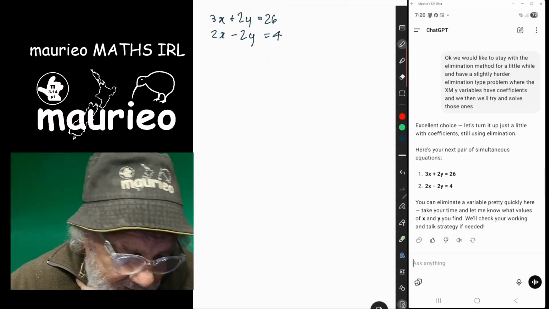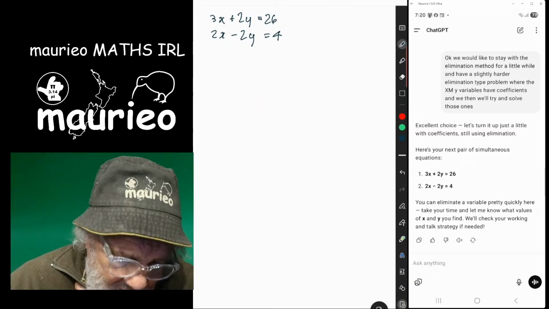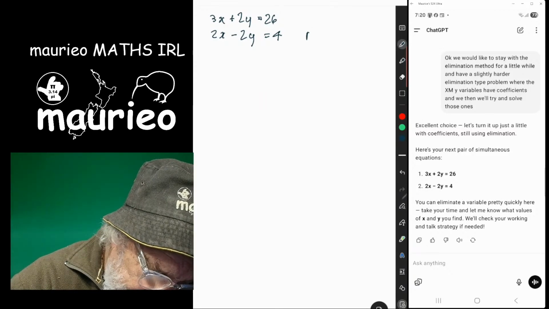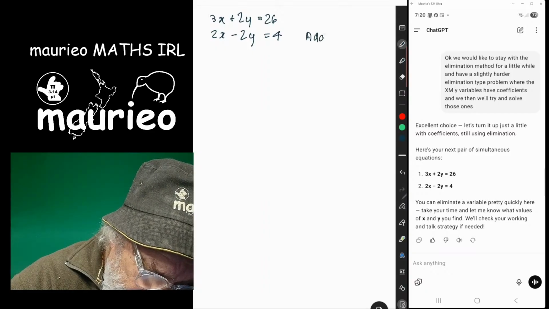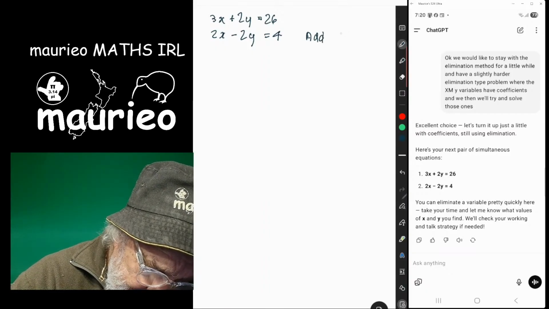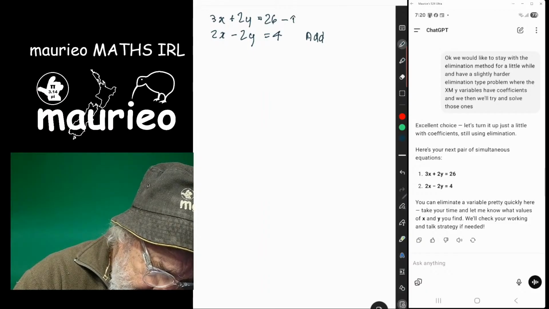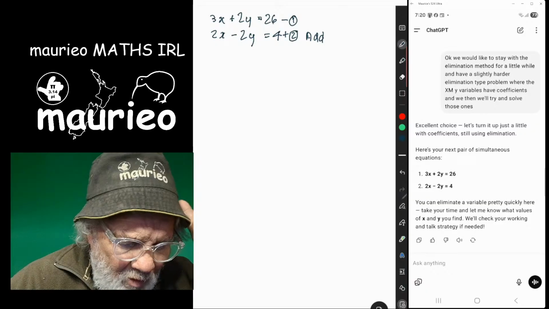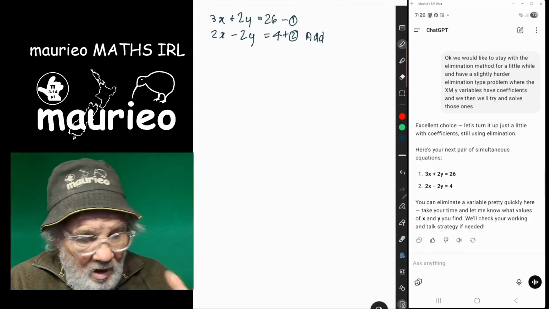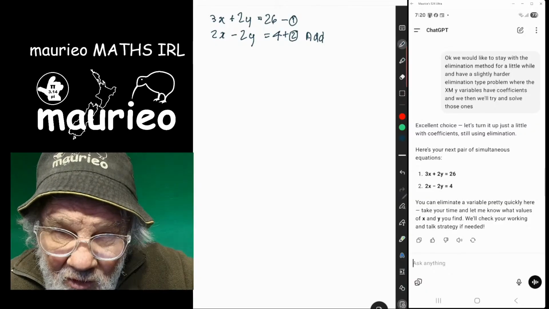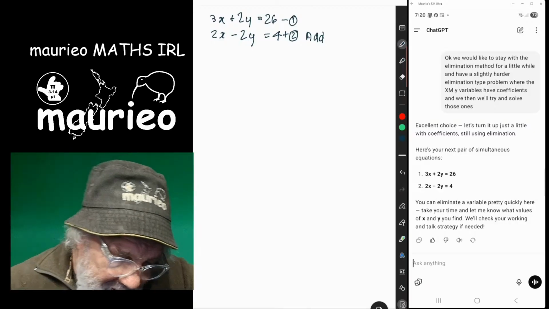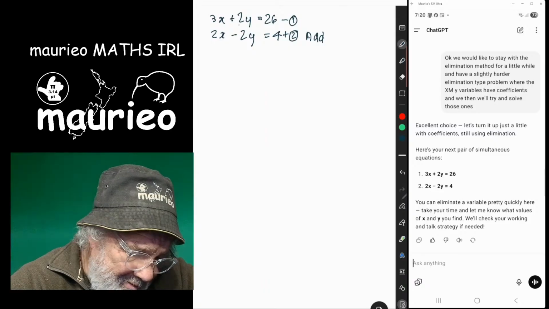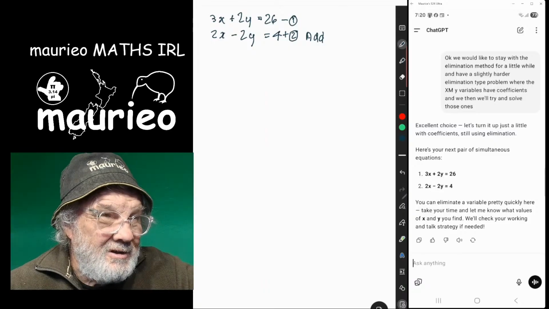Okay, now, so the simultaneous equation, what we'll do is add 1 plus 2. Now the reason why we're adding 1 plus 2 is because it will eliminate the y's, because one's plus 2y and one's minus 2y.